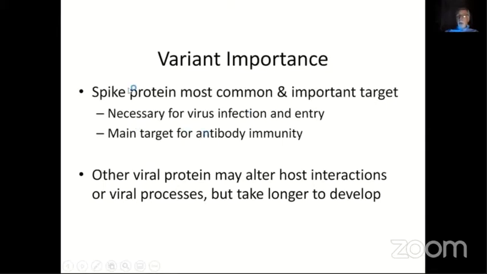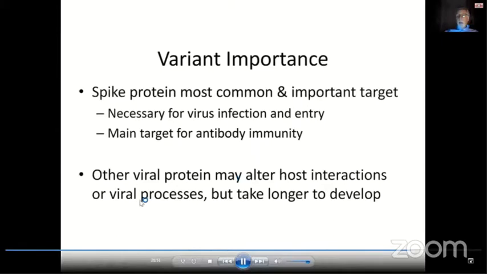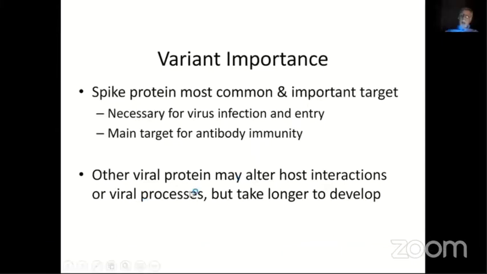This means this is the major part that we have to study to understand what happens in different countries. What is important is that we know that other viral proteins may alter host interaction and viral processes, but this takes a longer time to develop.